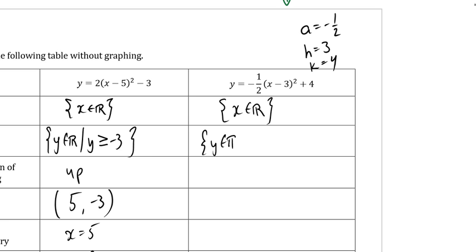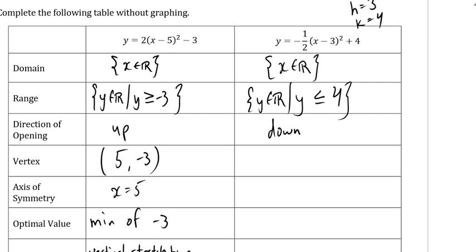Y is an element of the real numbers such that Y is always... Does this one open up or down? Down. Very nice. So Y will always be less than or equal to what value? Jaden? 4. The vertex. What is not a real number? That's a big question. I'll answer that in a few minutes.